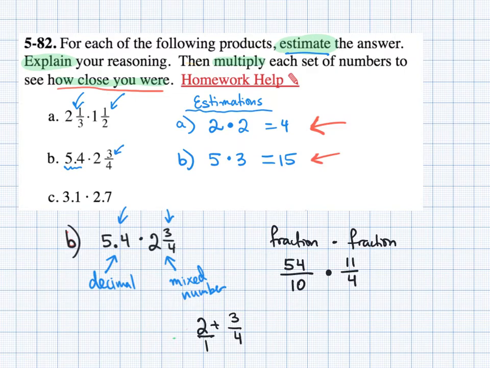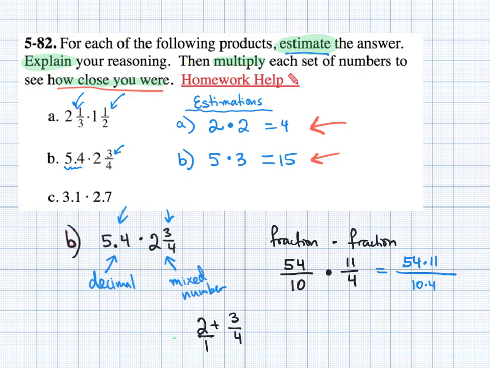Now we have smaller numbers to actually multiply. On the top, we need to multiply 54 times 11, and on the bottom we multiply 10 times 4, but at the end you still have to divide. Now one way a teacher might say is that you could reduce first before you start multiplying.